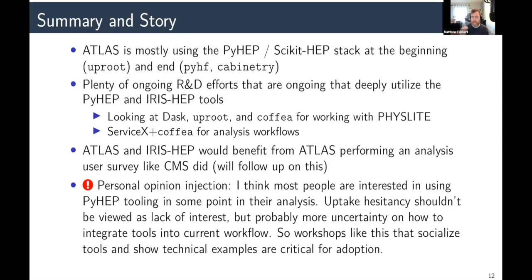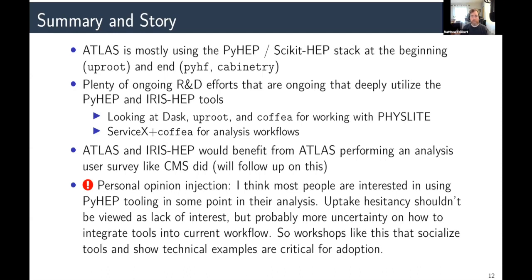And if I can just end by putting on my own personal opinion hat, I think that there is a lot of interest in using the PyHEP tooling, at least in terms of the PhD students that I'm talking with when I'm working on analyses. Uptake hesitancy shouldn't be viewed as any sort of lack of interest or distrust, but more an uncertainty on how to actually integrate these tools into a current analysis workflow.